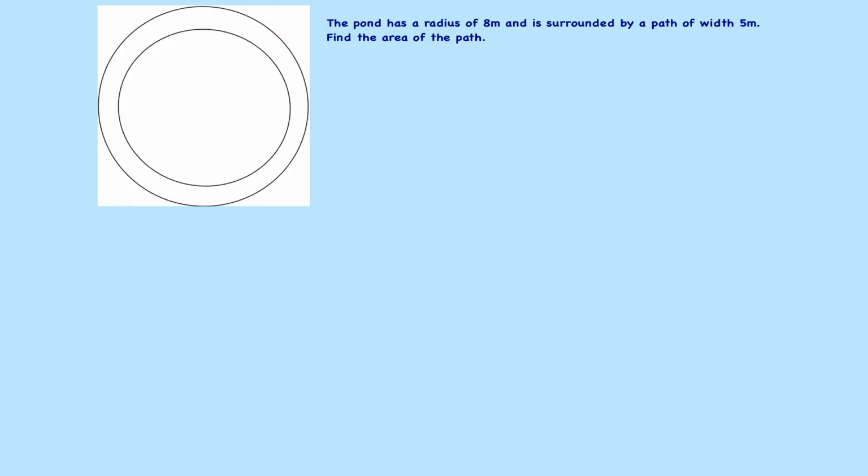First of all, let's remind ourselves of the area of a circle, which is pi r squared. Then to find the area of the path, which is this area here, we're going to find the area of the big circle and then subtract the area of the smaller circle.